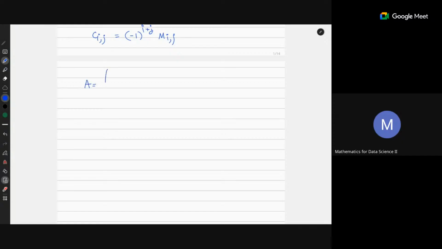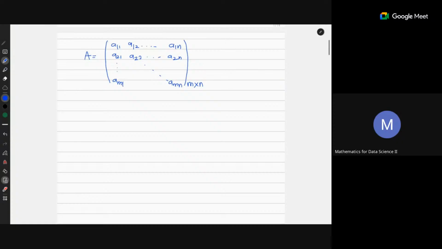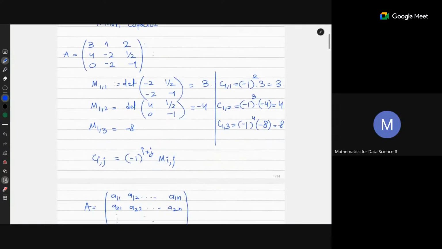Let's say A is an m cross n matrix, with entries A11, A12 up to A1n, A21 up to Am1, A22, A2n, up to Amn.